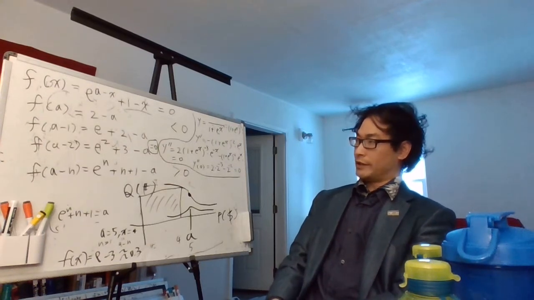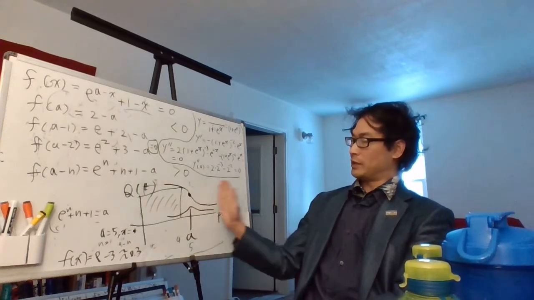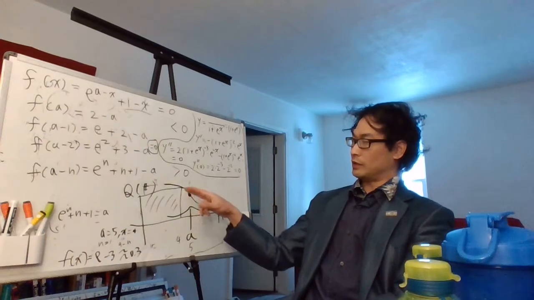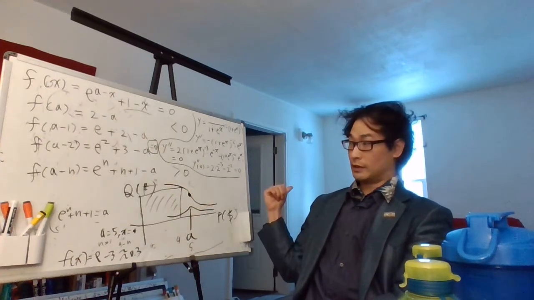I'm kind of wondering, if A gets bigger, meaning we are shifting this Z curve to the right, all right?